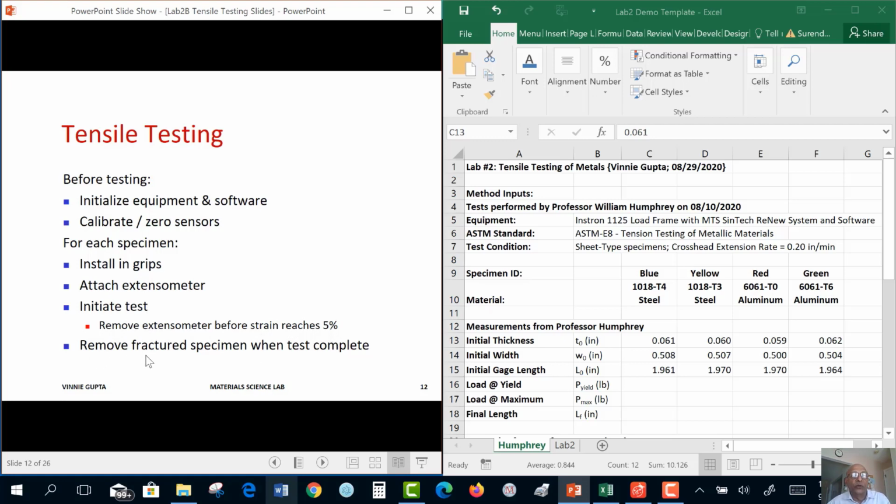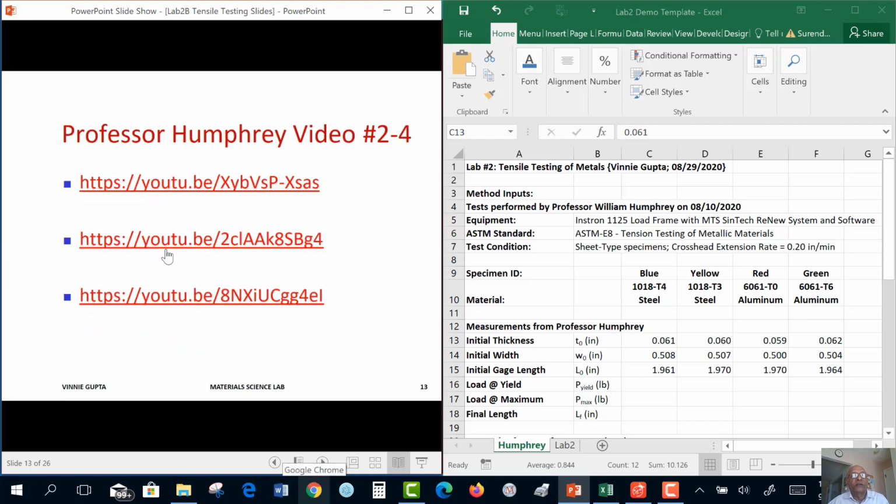And then we are going to remove the fractured specimen when test is complete. So instead of doing all of these all in a single video, we are going to break it up into parts. So let's see our first video, which is installing the specimen in the grips.